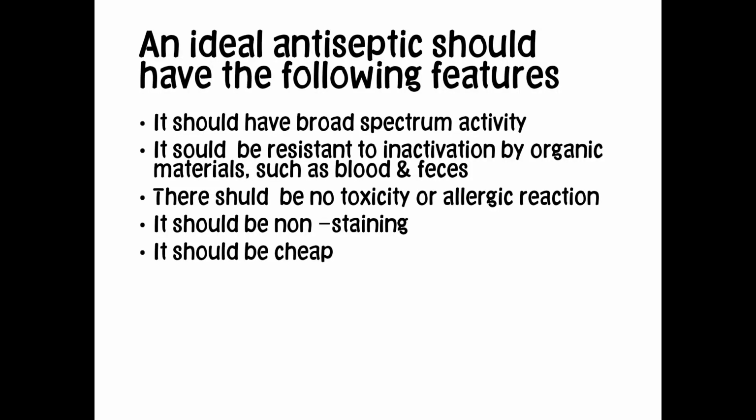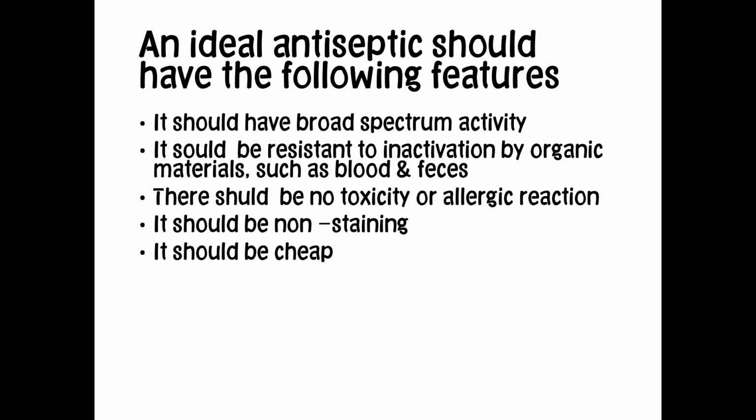In general, an ideal antiseptic that is used to prevent or control the spread of infection or growth of microorganisms should have some of the following features. As we had seen, antiseptics are used on human or living tissues, remember. So it should have broad spectrum activity.